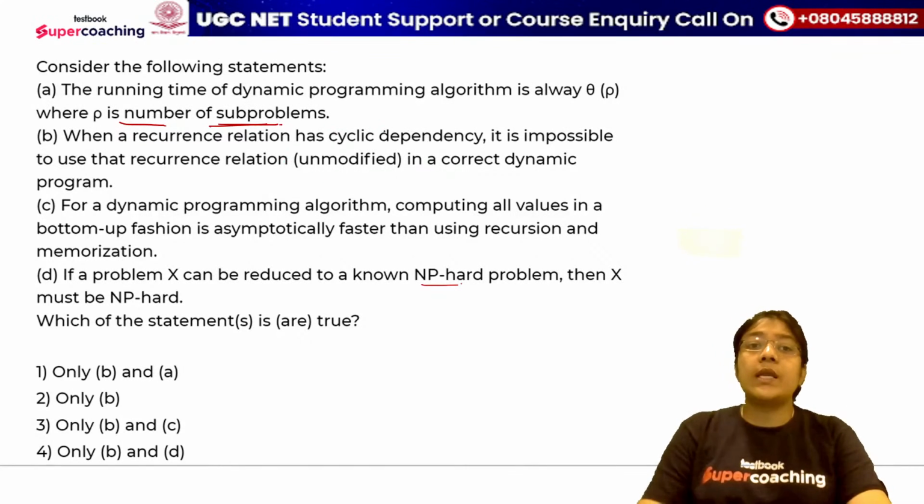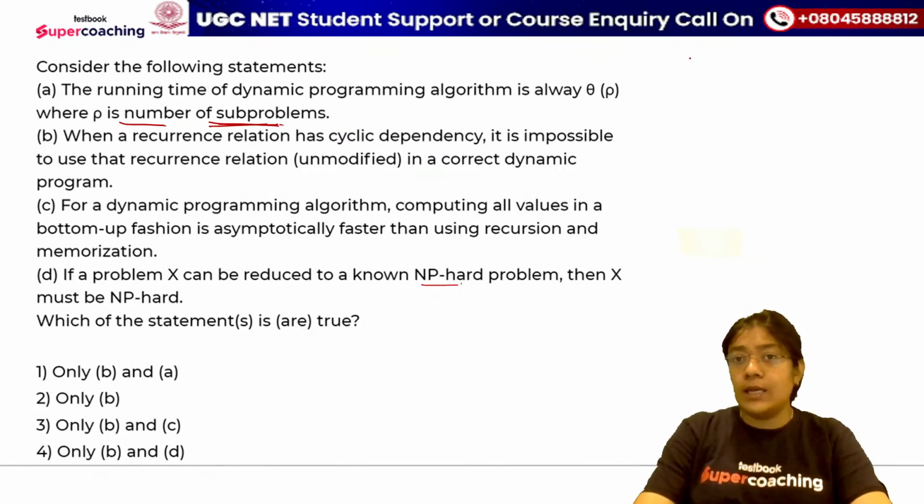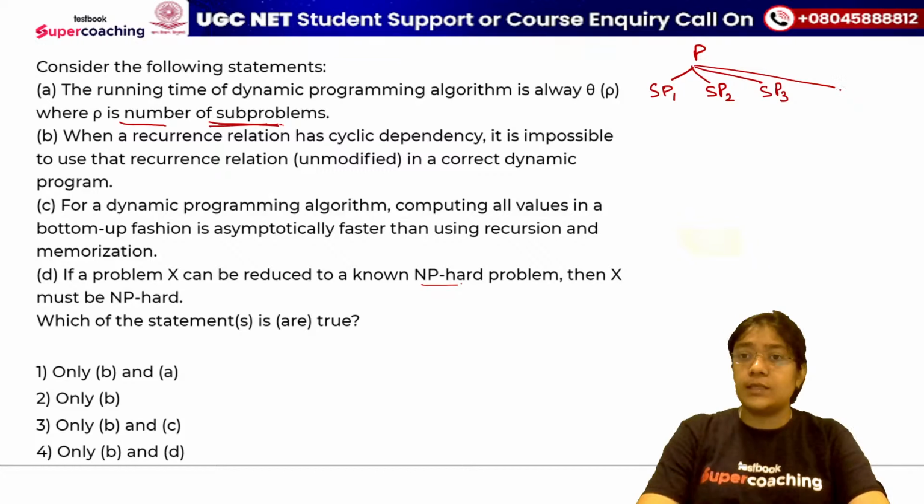Does it depend only on the number of subproblems? No. You said that, let's say P is the problem, subproblem 1, subproblem 2. If I have 3 subproblems, can we say that the time complexity will be 3? No. If I have n subproblems, can we say that the time complexity will be n?